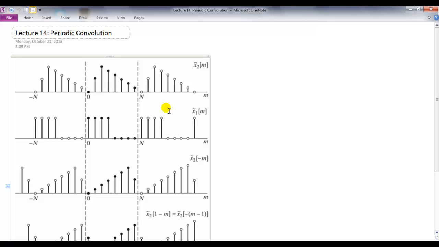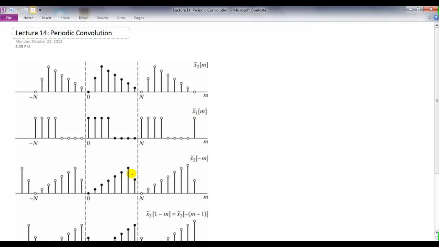So here is an example of what periodic convolution looks like. It's exactly the same setup. You are given two sequences, x2 tilde m and x1 tilde m. We are fixing x1 tilde m.